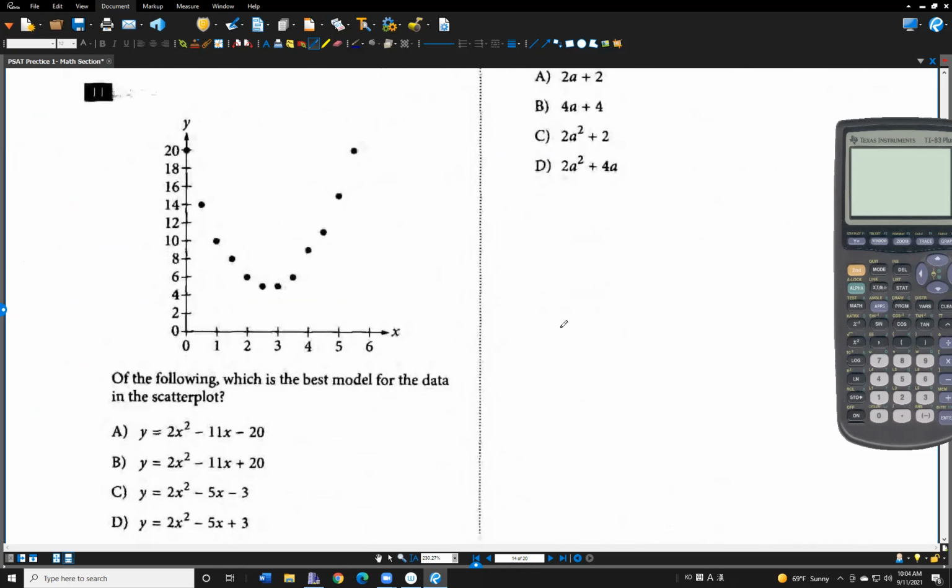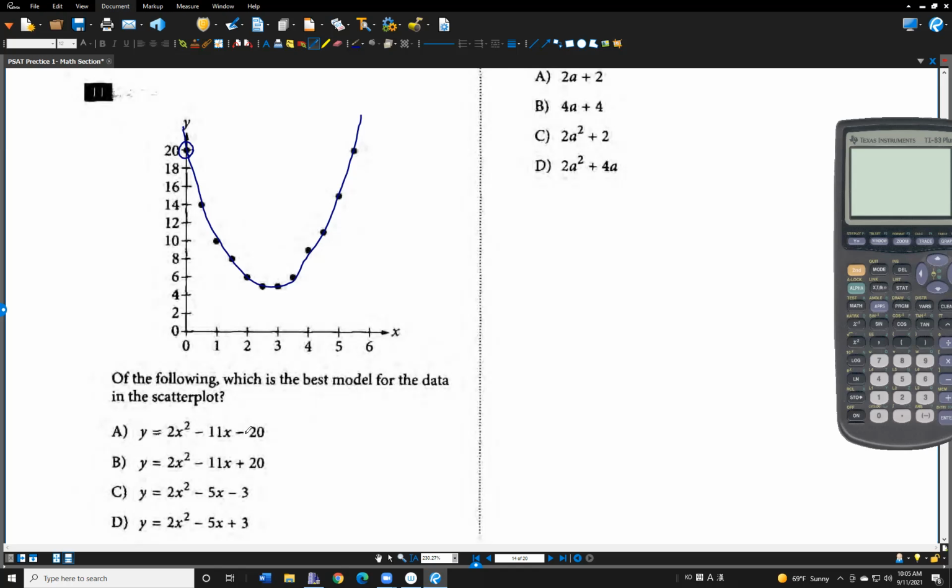All right, this is the scatter plot. It looks quadratic, right? When you see that A, B, C, D, they are quadratic. So we have to make the line. The first one, which one is correct? First, we can check this y-intercept, when x equals 0.